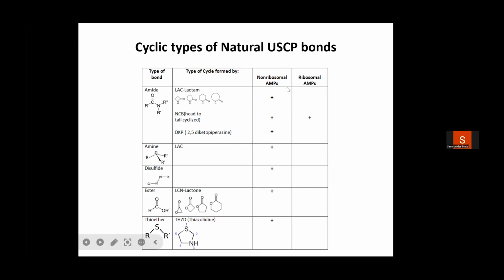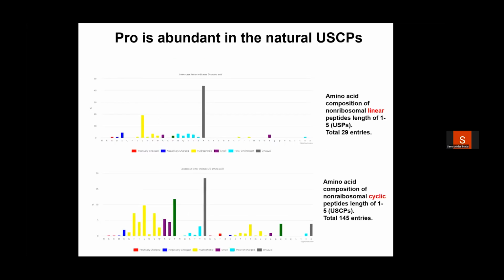We meet them in non-ribosomal AMPs, cyclic AMPs, and only lactam cyclization we see in ribosomal AMPs. Here we see a composition of linear and cyclic peptides, and also we have the opportunity to compare these different categories of AMPs with each other.